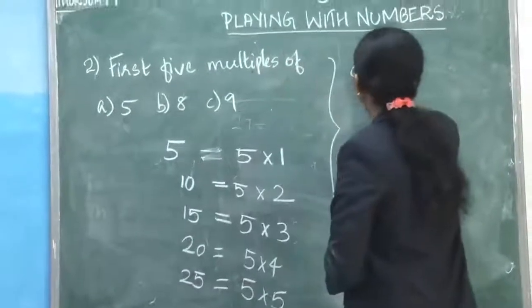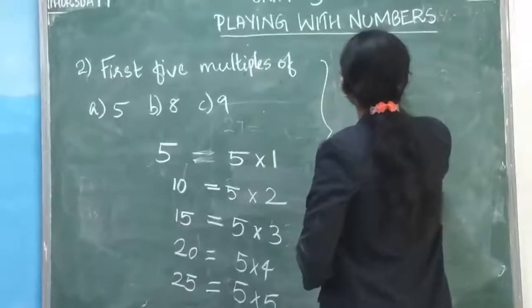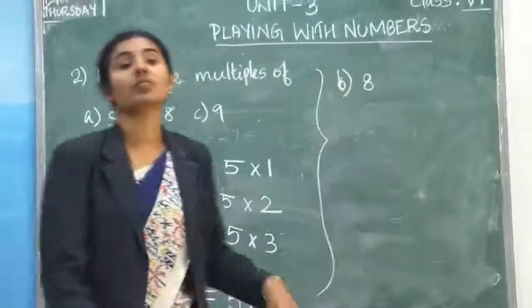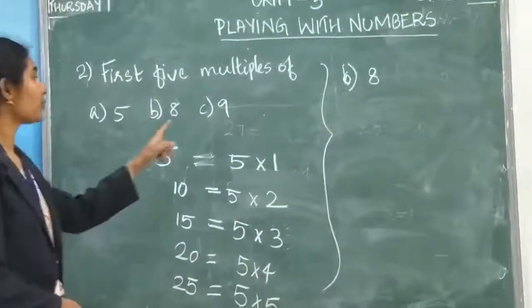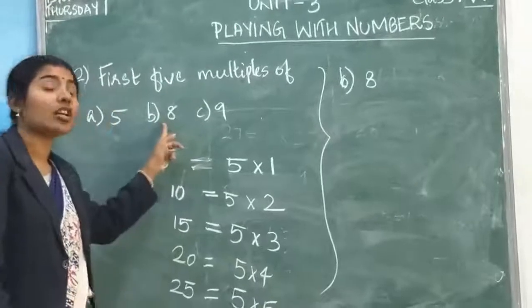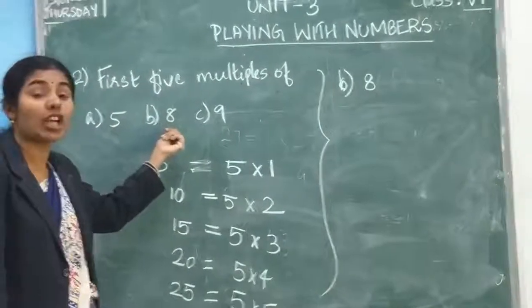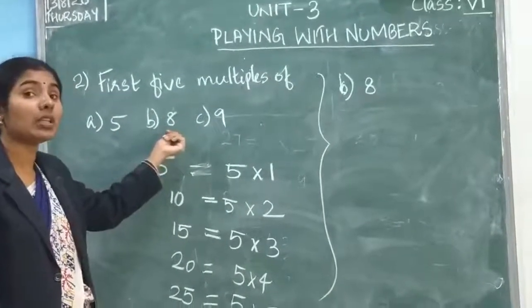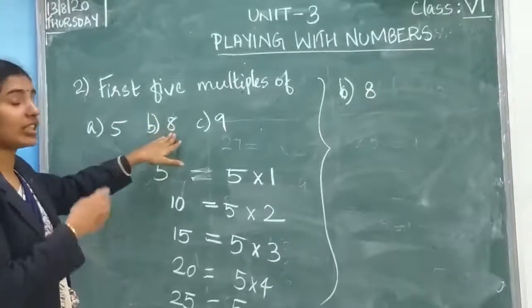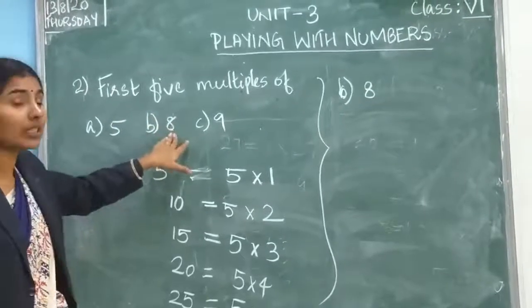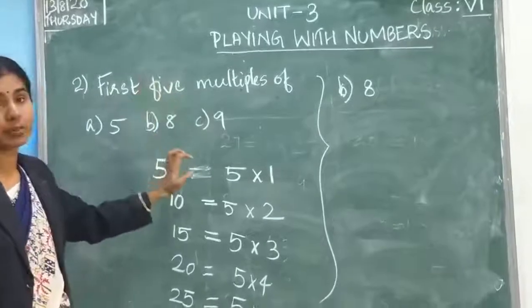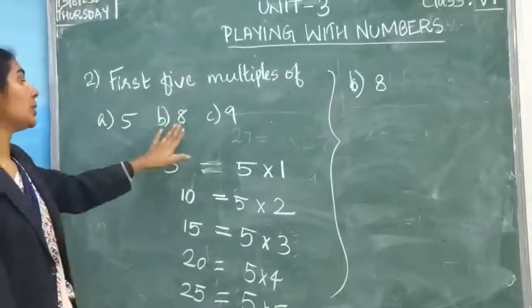Next one. Second question. Which number is given? 8. For 8, how will you find the multiples? By multiplying 8 with each number, you will get one product. That product is the multiple. Only the first 5 multiples you need.